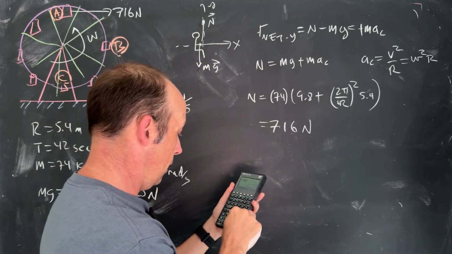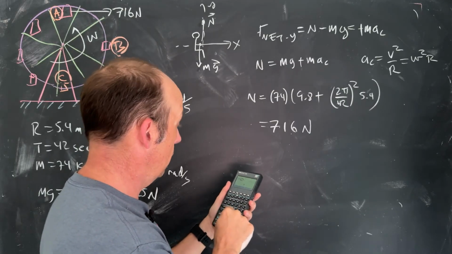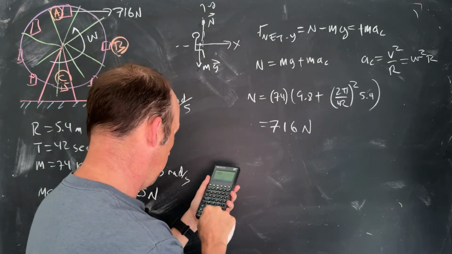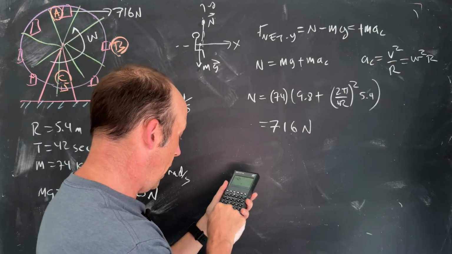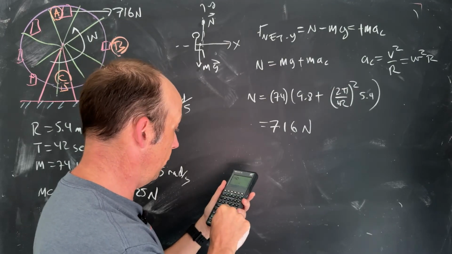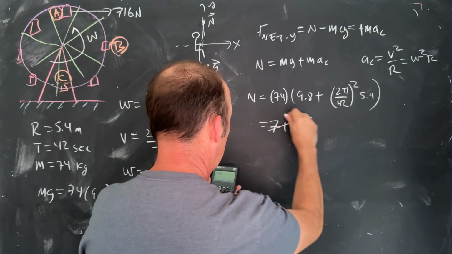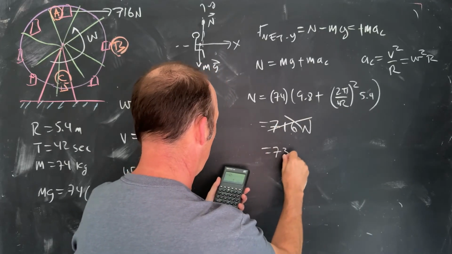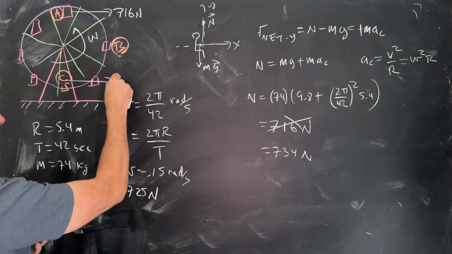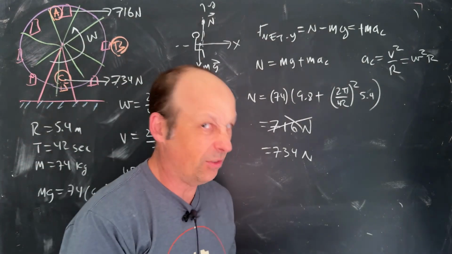I'm just going to drop all that. 74, enter, 9.8, enter, 0.15 squared, 5.4 times, plus times. And I get 734 newtons. So over here, it's 734 newtons. That wasn't hard.